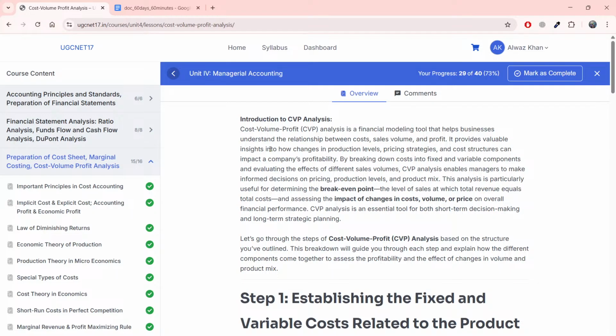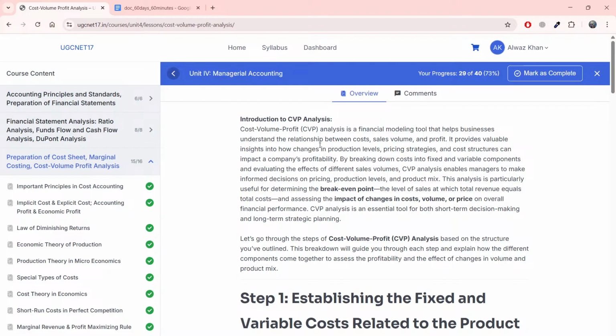Cost volume profit analysis is a financial modeling tool that helps businesses understand the relationship between cost, sales volume, and profit. It provides valuable insights into how changes in production levels, pricing strategies, and cost structures can impact a company's profitability.